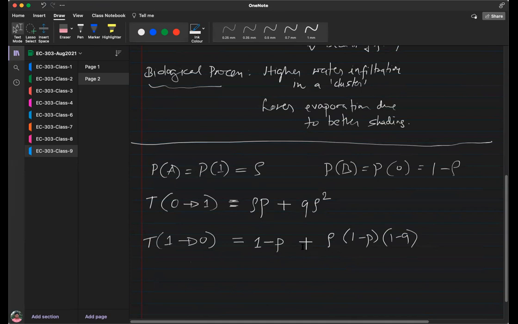Okay, you are saying that the total should be less than this, is that what you're trying to say? Yeah, I was thinking in that way. I see your point. Thinking from that point of view, you're right. So 1 minus p should probably be multiplied by 1 minus rho, because for that baseline death to happen, you need a zero neighbor, right?